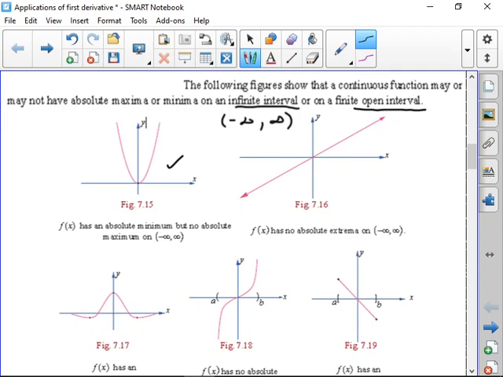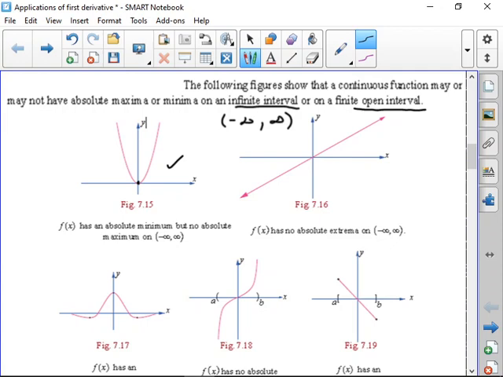So f of x has an absolute minimum but no absolute maximum. This is the minimum value, 0. But it has no absolute maximum, because it keeps going on. But it is a continuous curve which has an absolute minimum but no absolute maximum.